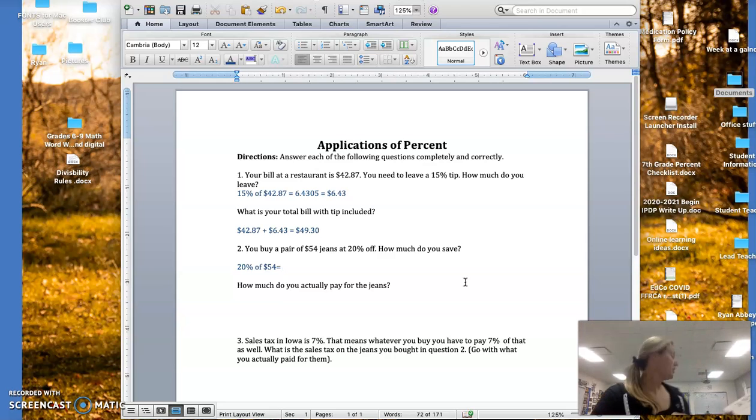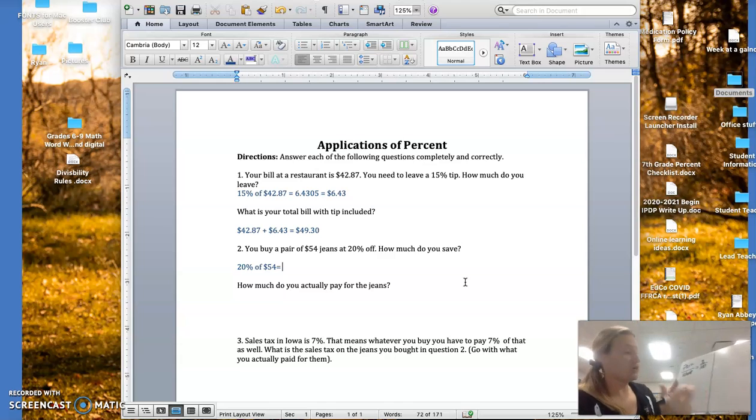So we can either use the proportion method or we can use the equation method. If I'm using the proportion method, again, for most of these, we're going to be finding the part. Our percent is 20. Our whole, because it comes after of, is 54.